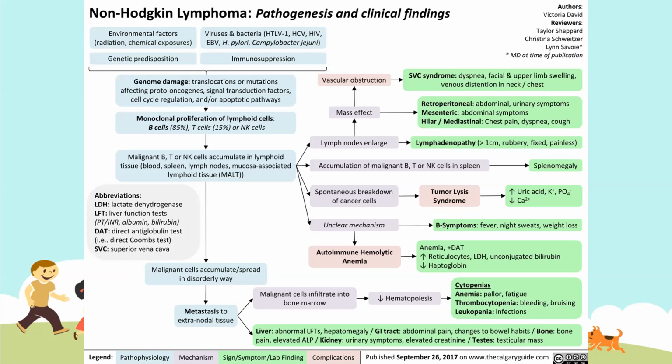So the malignant cells will infiltrate into the bone marrow and cause a decrease in hematopoiesis. So this decrease in hematopoiesis will give rise to cytopenia, which are anemia, giving rise to pallor and fatigue, thrombocytopenia, and leukopenia. Other metastasized sites are the liver, GI tract, bone, kidney, and also testis, and will give rise to the clinical signs and symptoms.